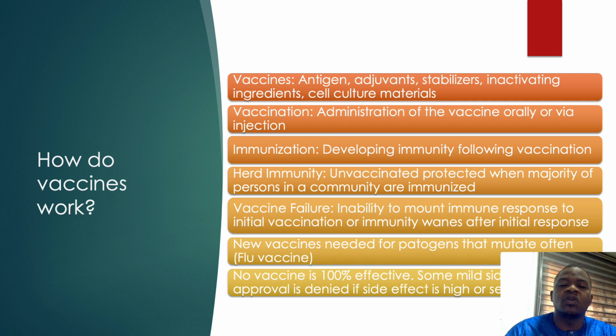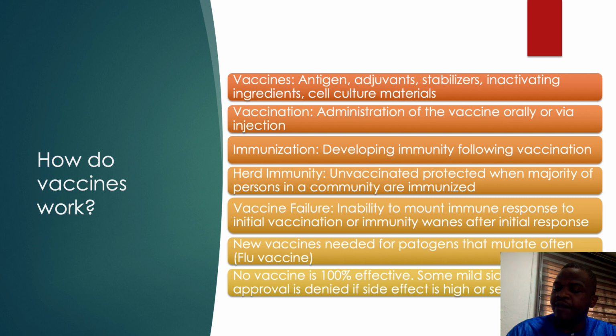Vaccine failure occurs when the body is unable to mount an appropriate immune response following vaccination. That's a primary vaccine failure. Then there's secondary vaccine failure, where there is an initial immune response, but that immunity wanes over time, and then there is a need for a booster dose.